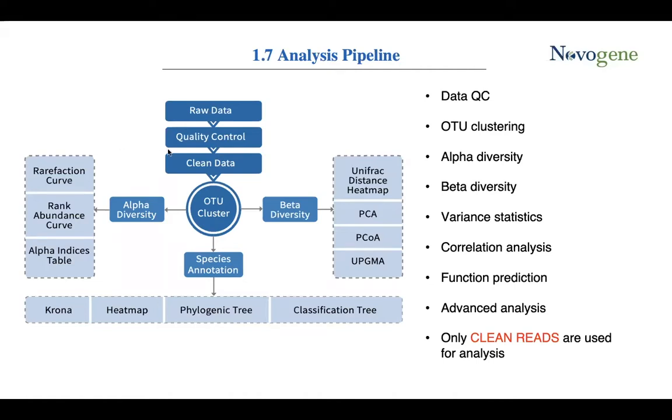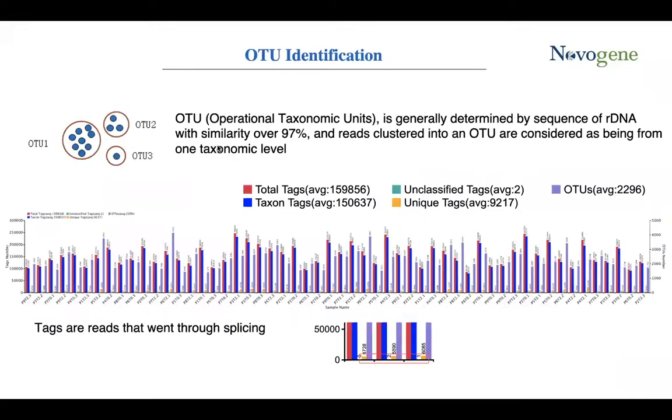First and the most essential one is the OTU identification. OTU, namely the operational taxonomic unit, is determined with a cutoff value of similarity by the rDNA sequences we got. Generally, this cutoff value is set at 97%, which means if reads share 97% sequence similarity, they will be considered as one taxonomic level.